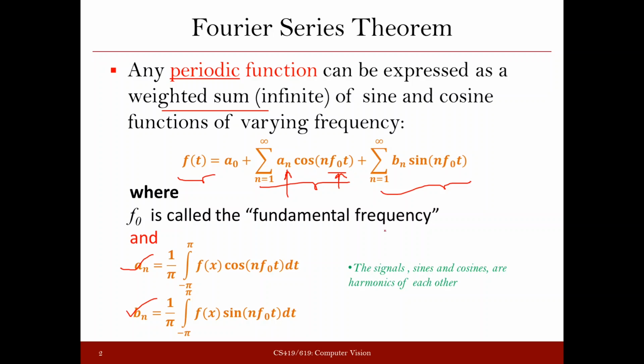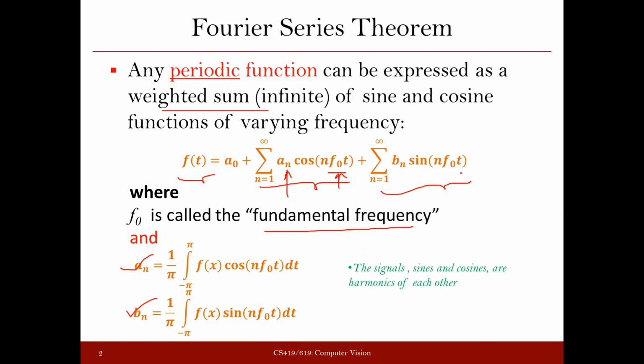The f naught is called the fundamental frequency, and when you go higher and higher, when you make n equal to 2, the frequency becomes 2 f naught. Then when you make n equal to 3, the frequency becomes 3 f naught. So when you increase n, the frequency of these cos and sine waves keeps increasing.